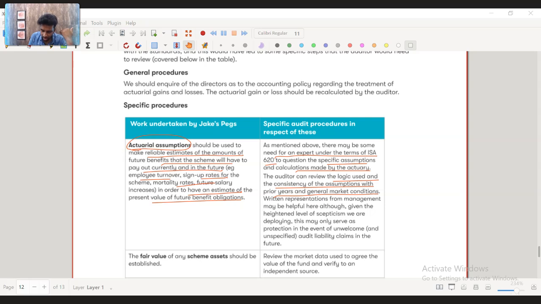So we need to review the logic and the work done by the expert to see if it is consistent, comparing against the prior year, and review the general market conditions, whether the market has changed, whether there have been any changes to the market conditions, etc. We need to obtain written representations from the management regarding the actuarial calculation, and that they have also reviewed the actuarial calculation and it seems to be appropriate. Also, any assumptions that have been taken have to be clearly mentioned in the written representation and have to be signed by the management.